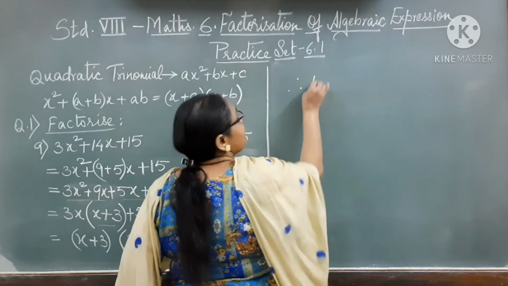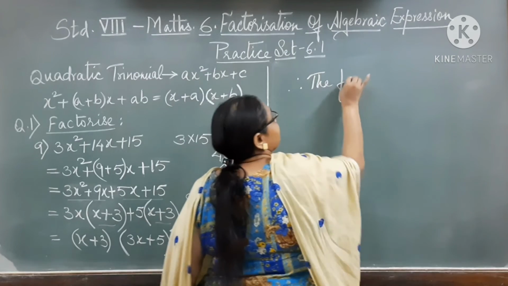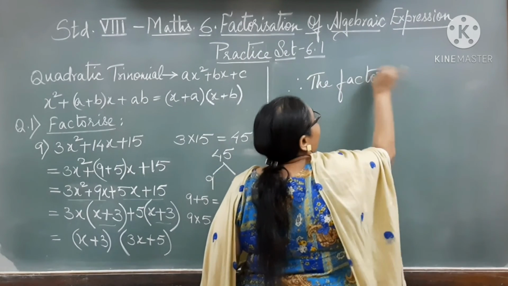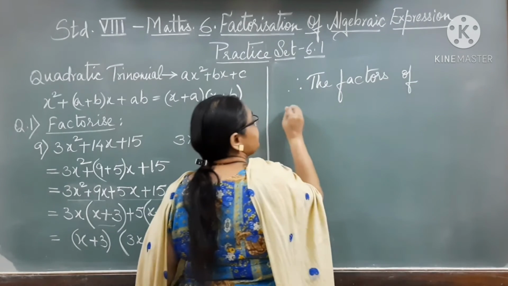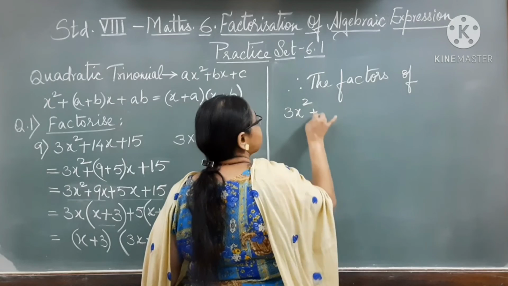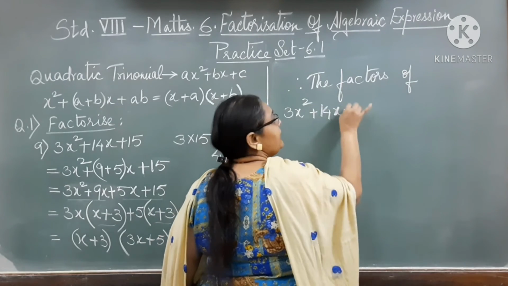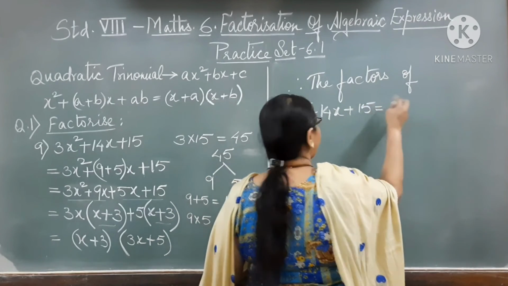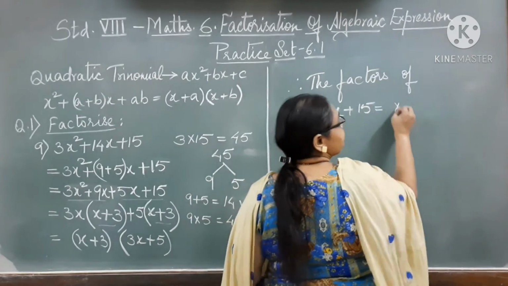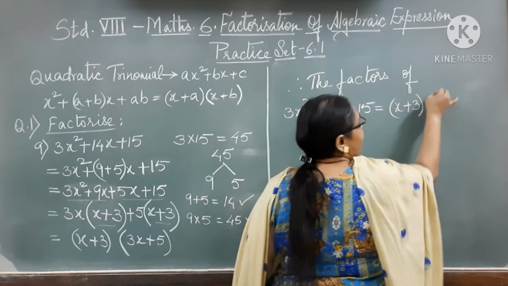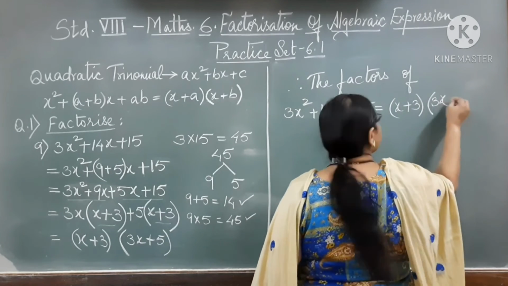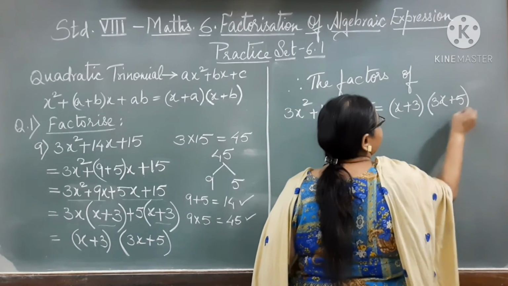Let me write here. Therefore, the factors of 3x squared plus 14x plus 15 are x plus 3 and 3x plus 5.